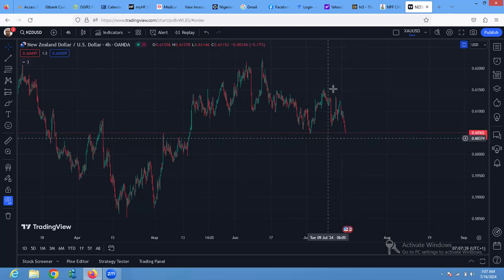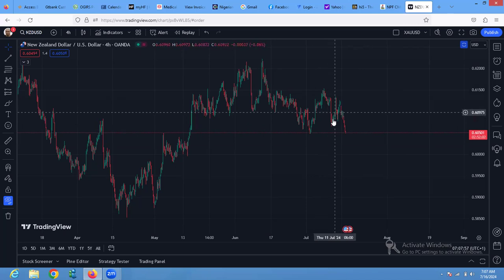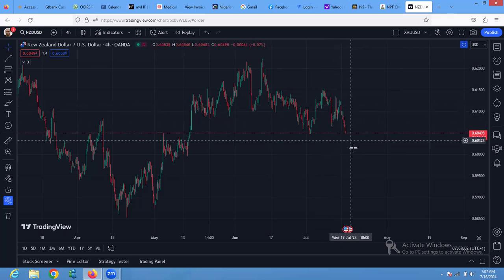Or we can see this as A, and what came down here as a B. What did I say? Okay, yes, we can see this as an A, B, and a C to the downside.